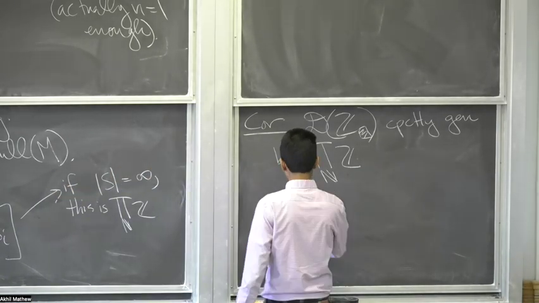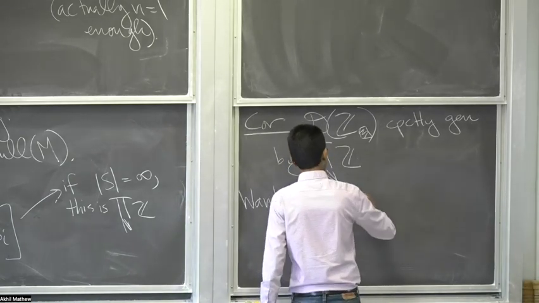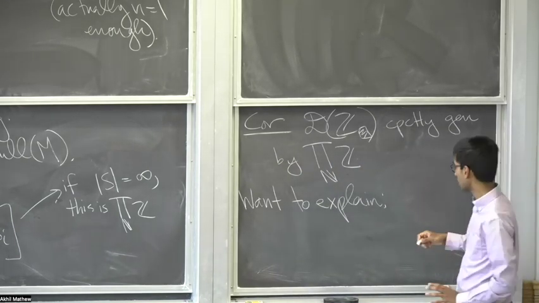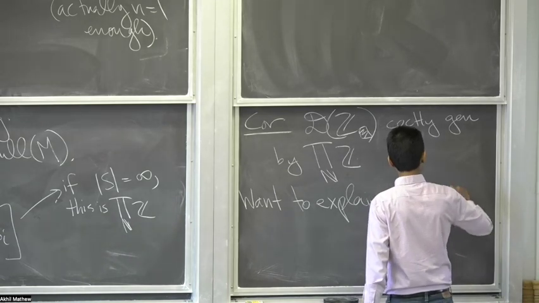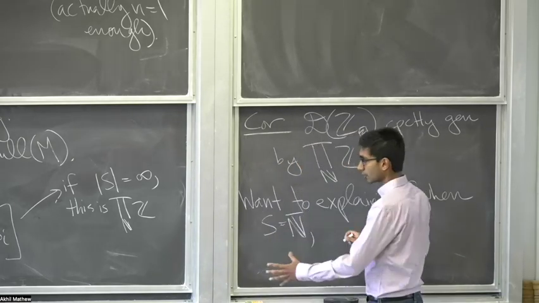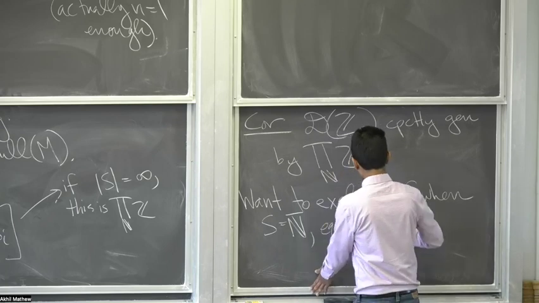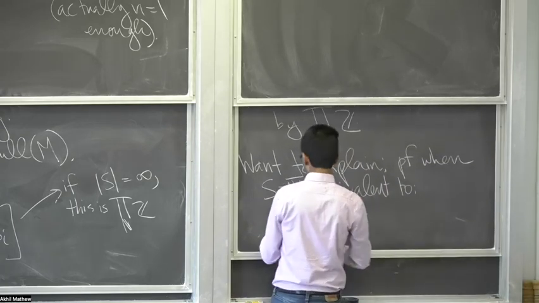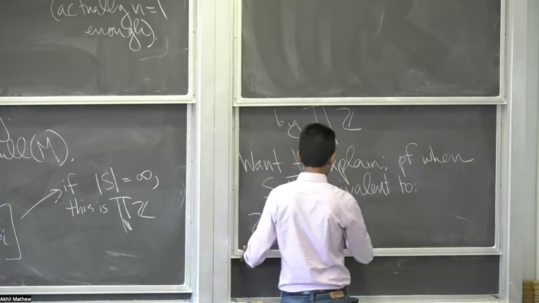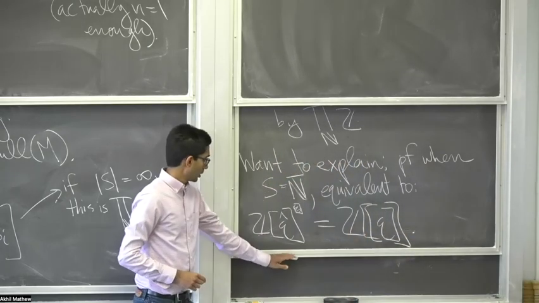Essentially, I wanted to explain the proof if S is the profinite set N-bar, the one-point compactification of N. In this case, it's equivalent to the statement that if you take this object Z[N-bar] and solidify, it's the same thing as Z[[T]].